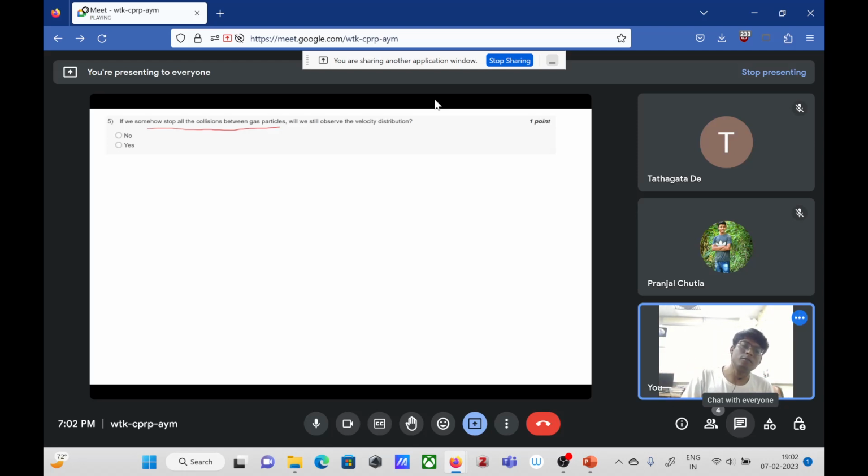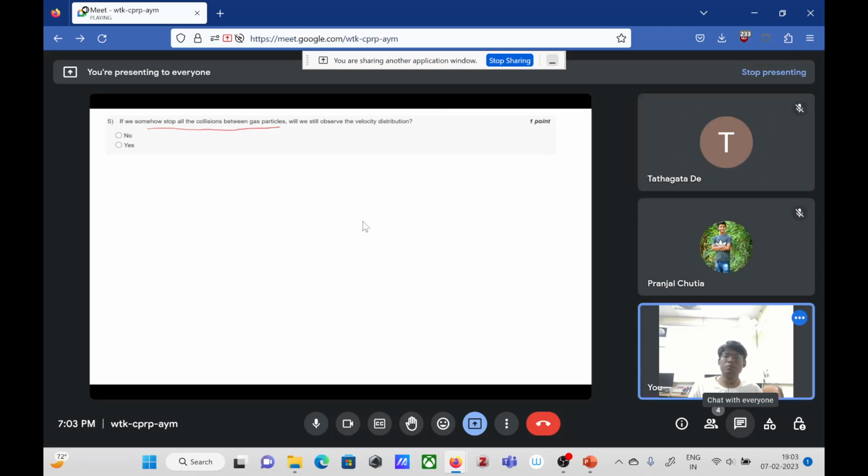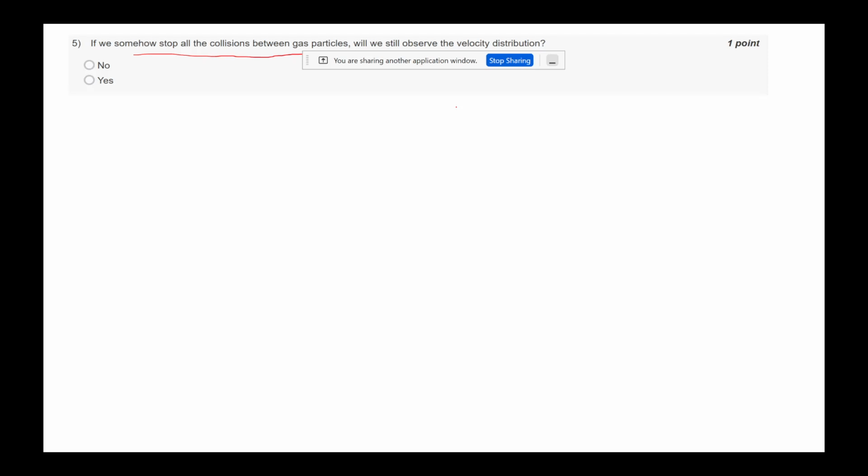So from that perspective, we can say that if the collisions are stopped, we will not see the velocity distributions, right, Tathagata? Yeah, that we thought, right? We discussed, right?